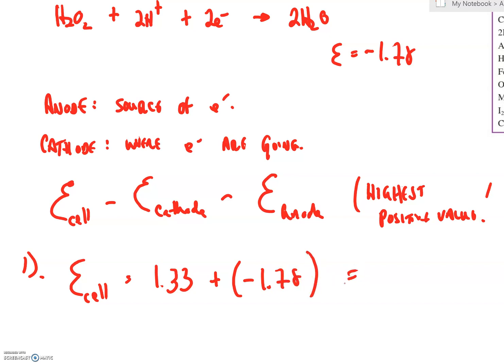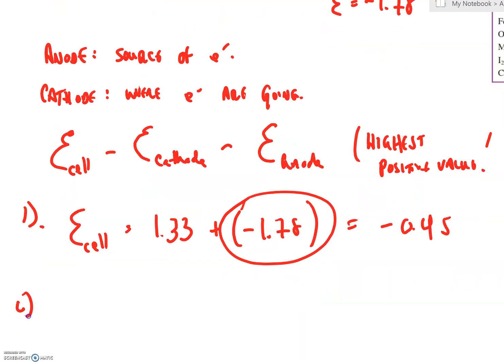So we simply take these two and add them together. Hang on, I didn't have my calculator ready, everybody. I'm sorry. Go get a snack. Okay, 1.33 minus 1.78 is negative 0.45. That's if we make this the anode.